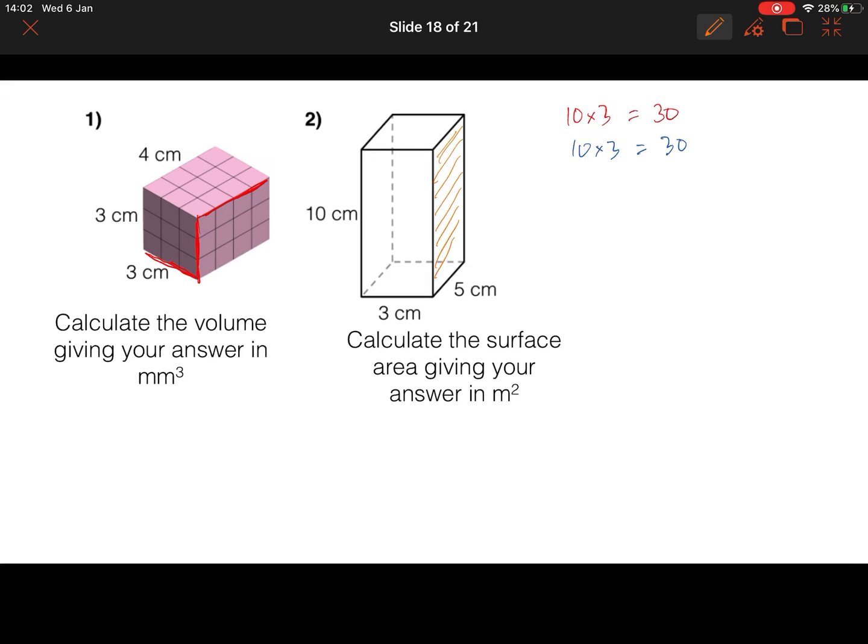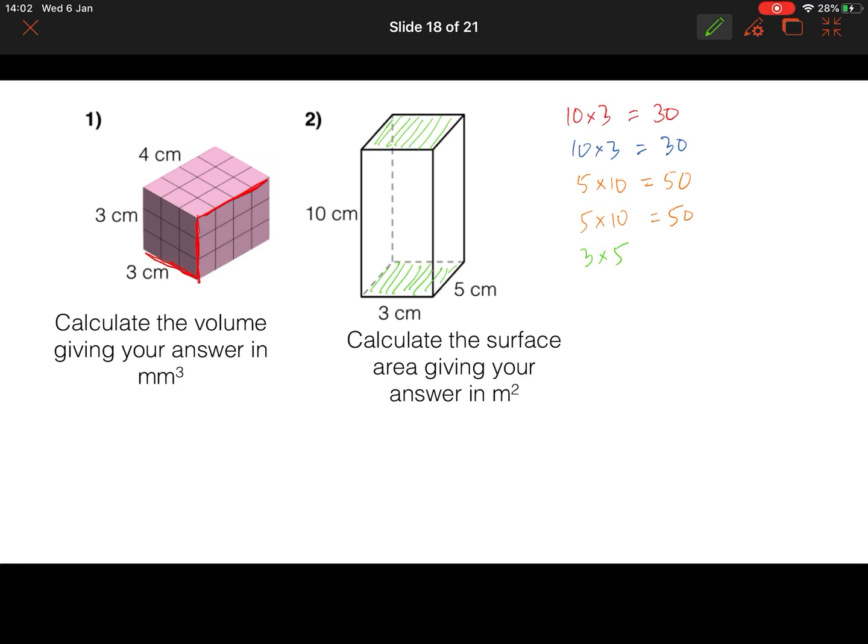Right, then at the side here, there's another rectangular face with a base of 5 and a height of 10. And also another one opposite it that's exactly the same size. Okay, so that's those done. And then finally there's a rectangle at the top and at the bottom.